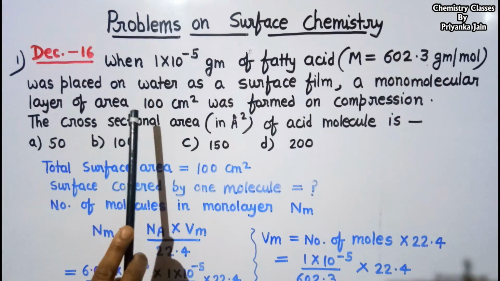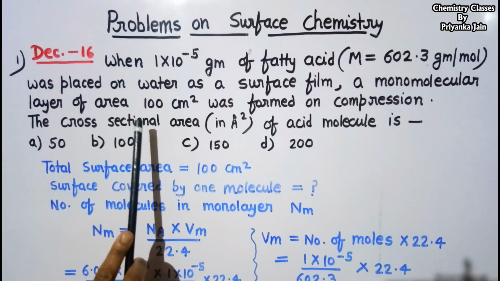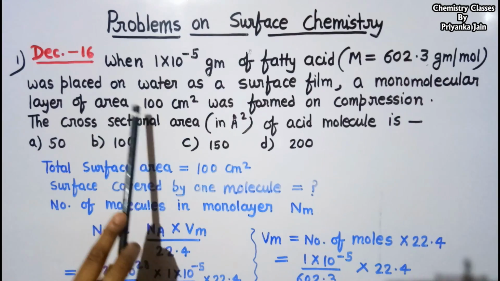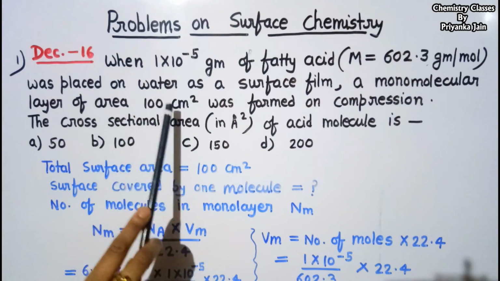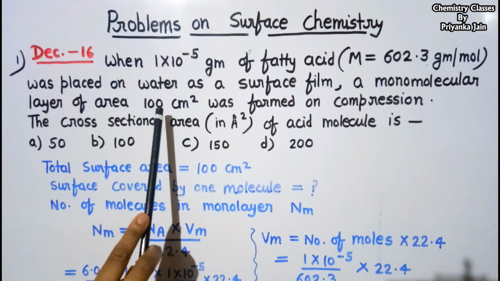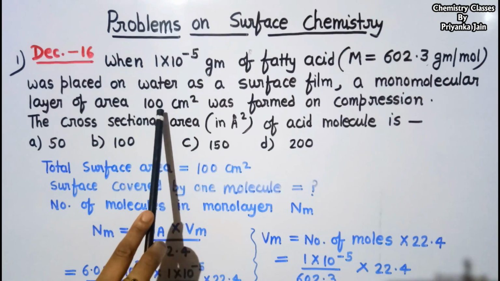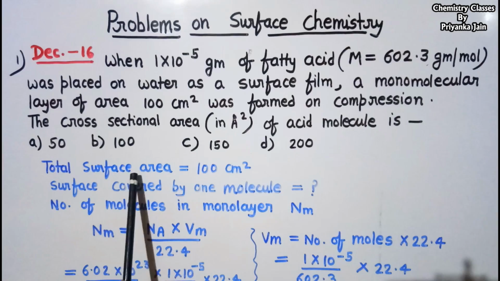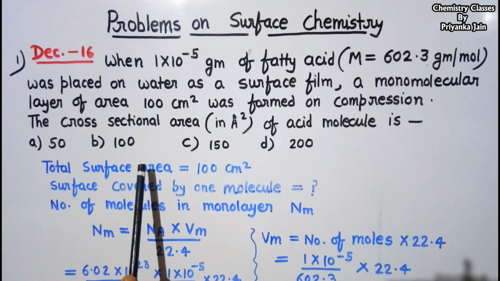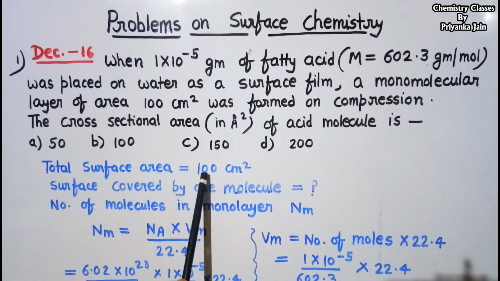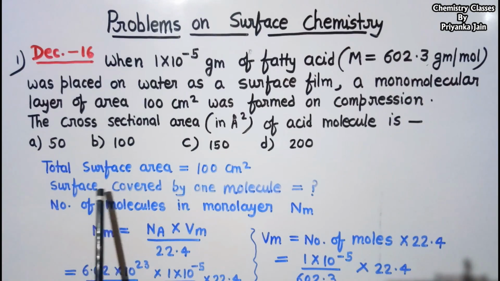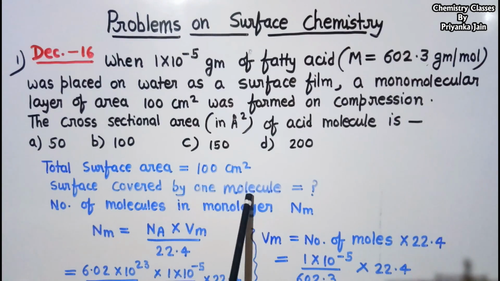What does it mean? It means the surface area covered by one molecule. We are given the total surface area of the monomolecular layer, that is 100 centimeter square, and we have to find the area covered by one molecule.